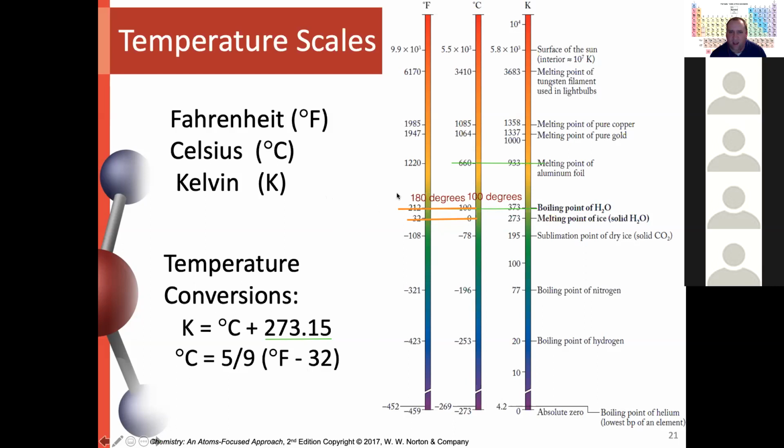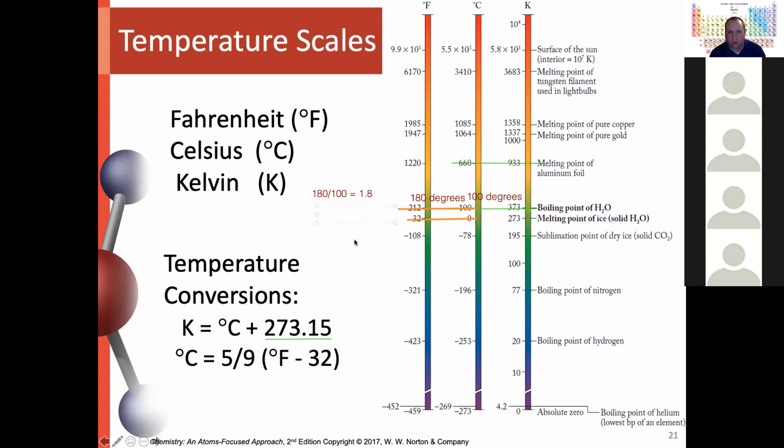And so if I take the temperature differences here, 180 divided by 100, I get 1.8. And so if I was going from Celsius to Fahrenheit, I would need to multiply that value by 1.8 to account for the scalar difference between the two.